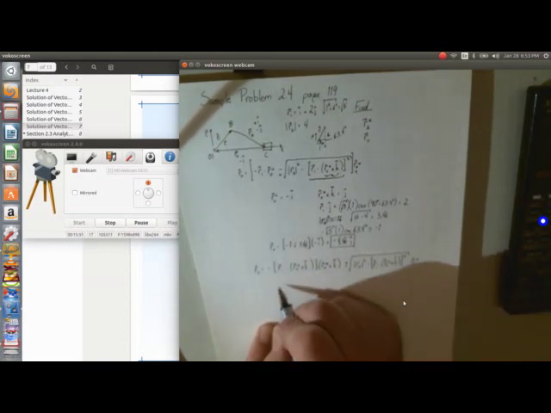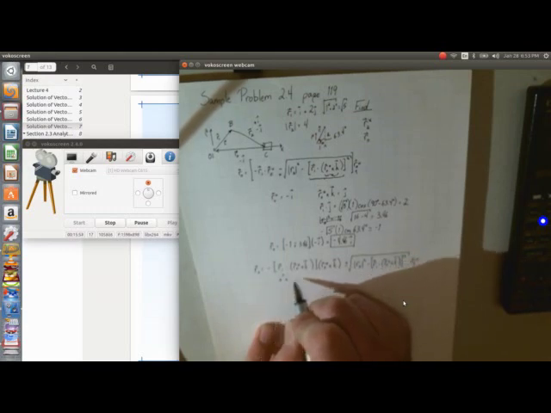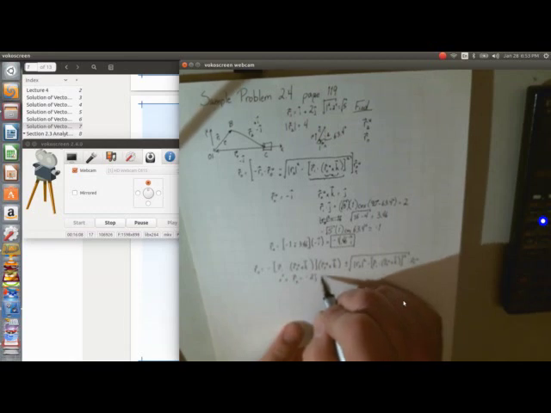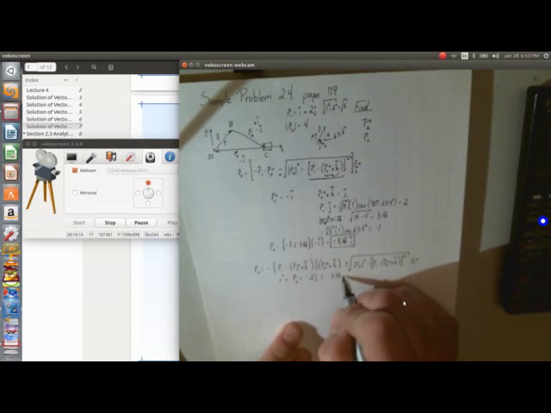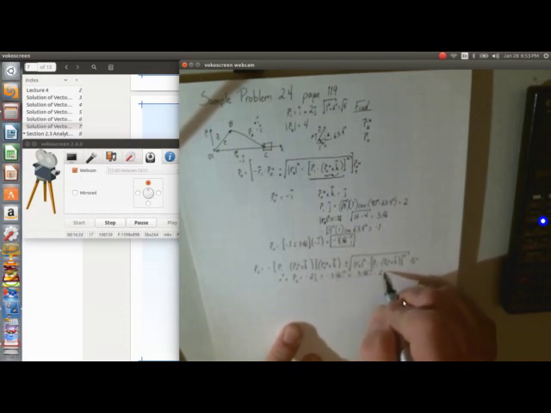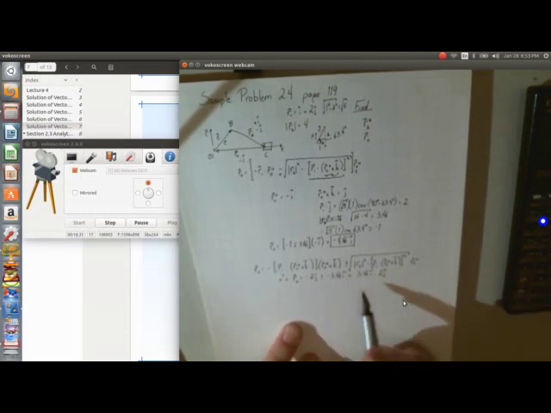So this very quickly gets us down to that R2 unit vector being equal to negative 2J plus or minus negative 3.46I, or if we convert that into a more common type of notation, 3.46I minus 2J.